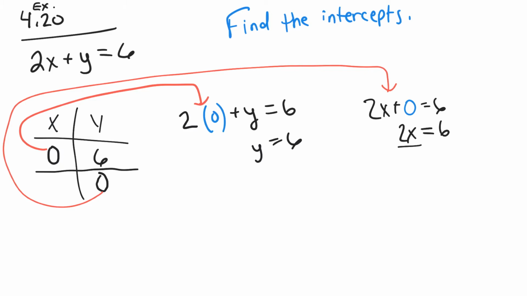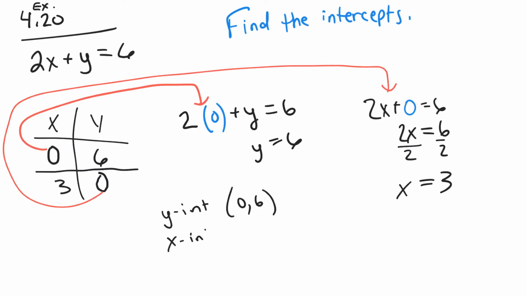I can solve that by division, and x equals 3. So with a little bit of substitution and just a touch of algebra, we can find those two intercepts. The y-intercept is 0, 6, and the x-intercept is 3, 0.